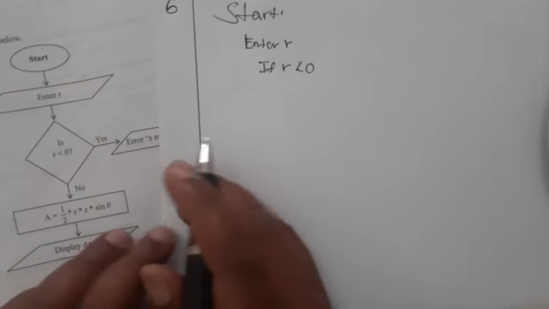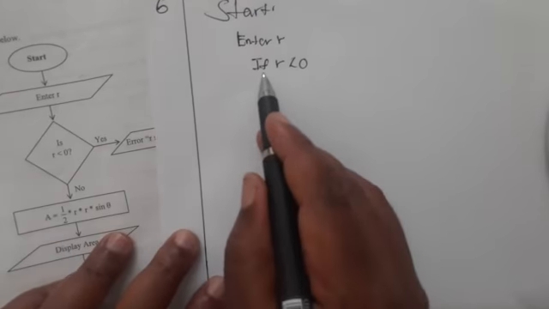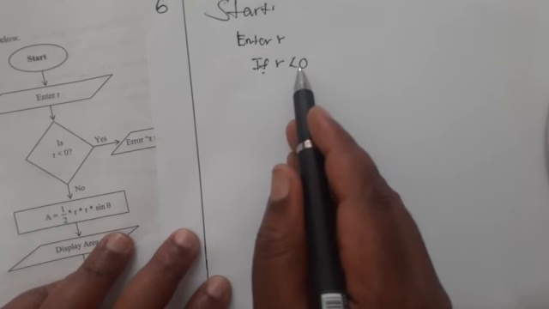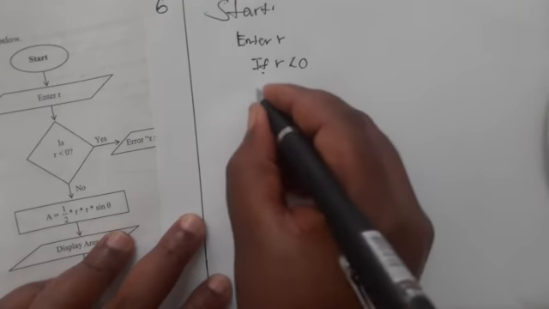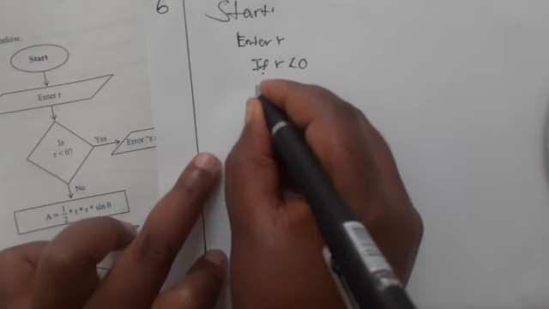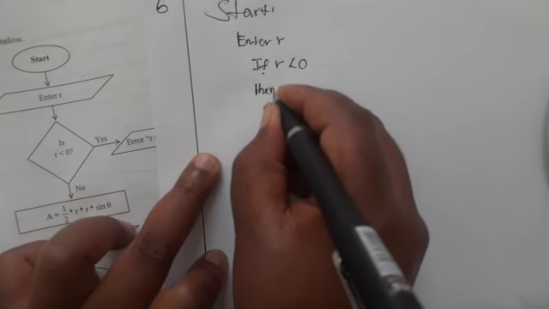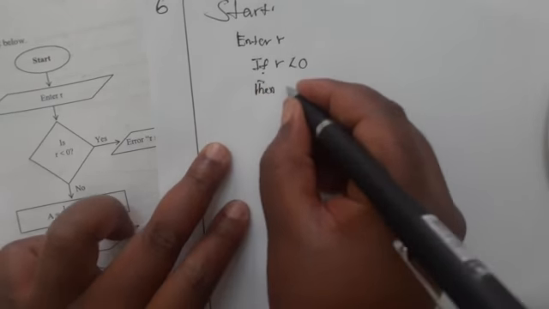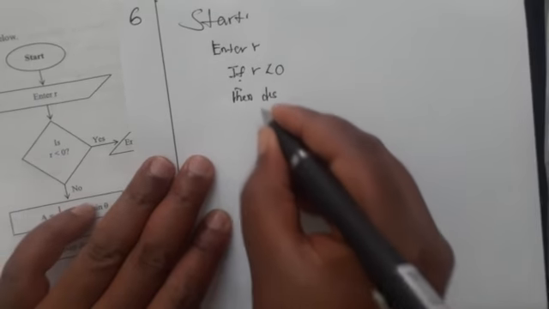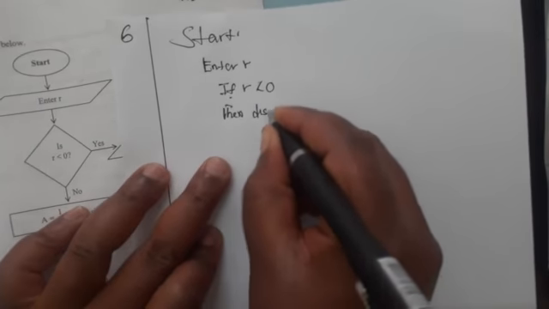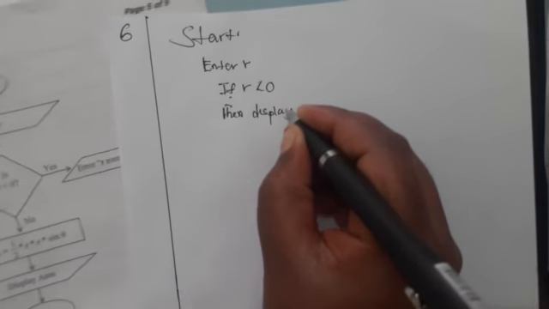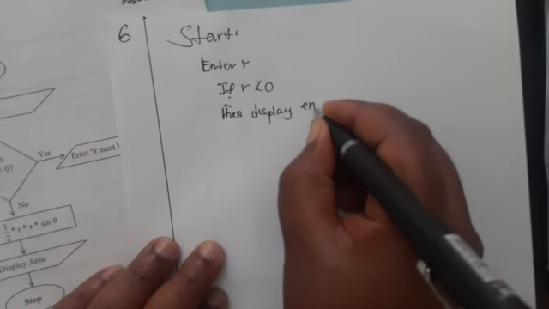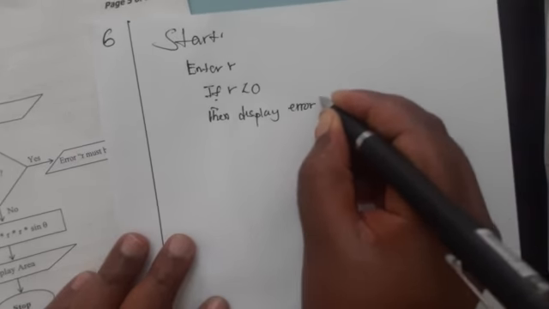Alright? So we'll say if R is less than 0, then display. You look at the pattern which I'm writing them. Display, what are we displaying? Error. Alright?